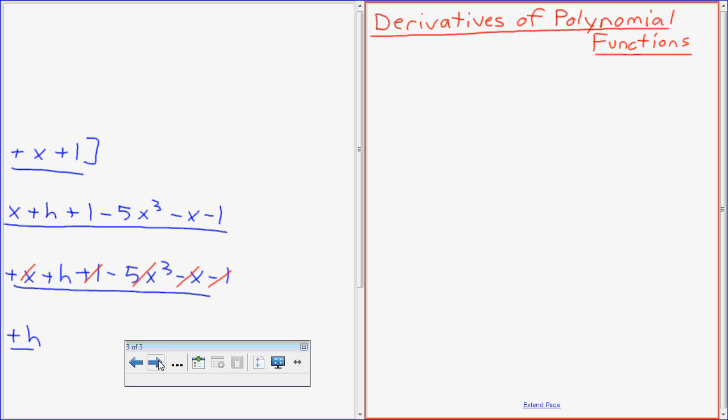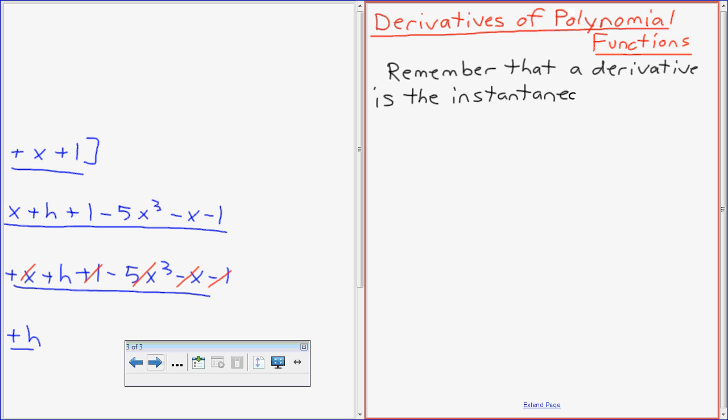We're going to say, remember, that a derivative is the instantaneous rate of change of a function.